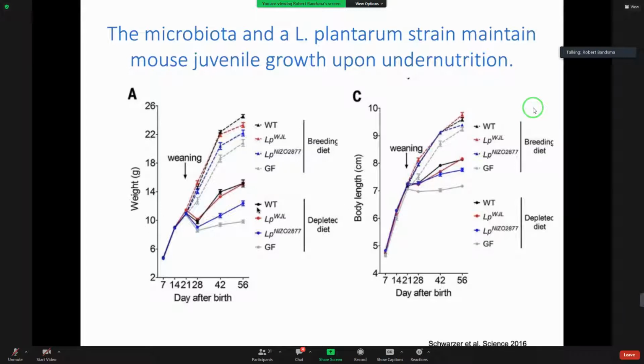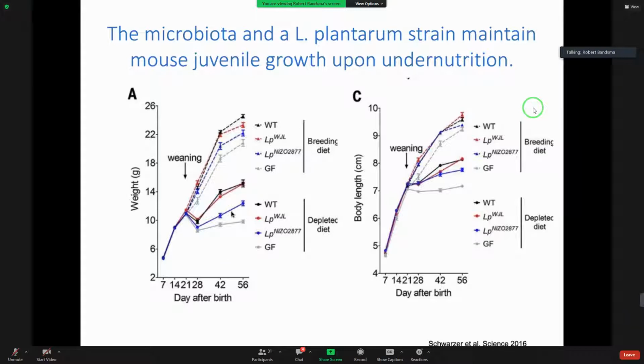But then they exposed these mice to a diet that would impair their growth. And then the real remarkable finding is that if you give this Lactobacillus species, you actually have growth comparable to a wild type mouse that's not germ-free.